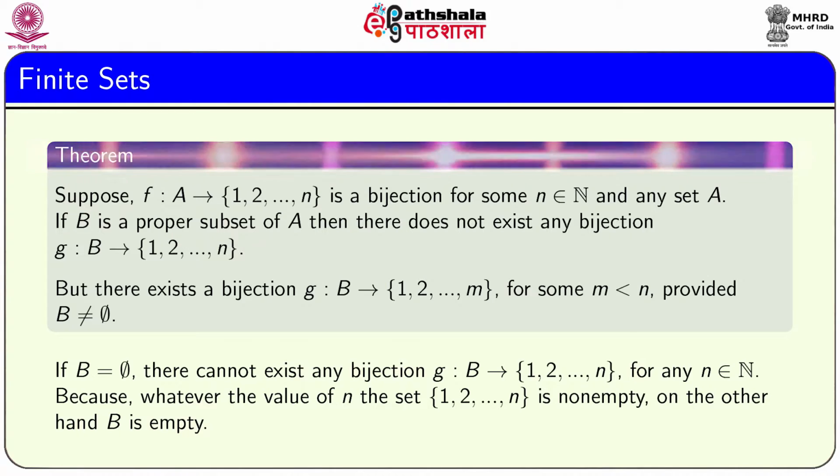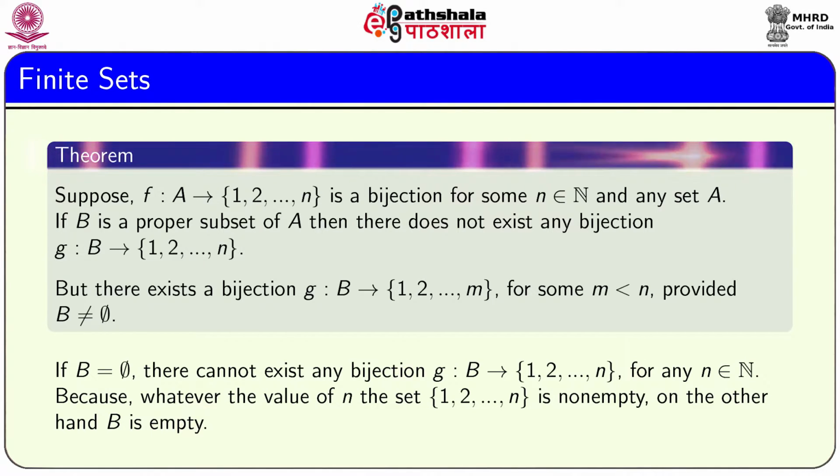Next is another useful but very natural to understand result. Suppose F is a function from A to 1 to n, which is a bijection for some n belonging to capital N, and capital A is any set.